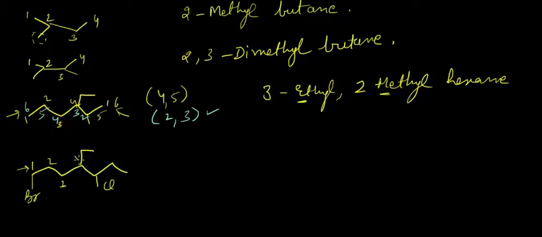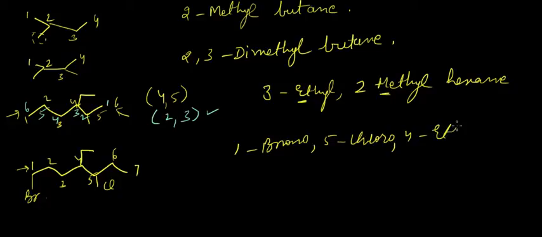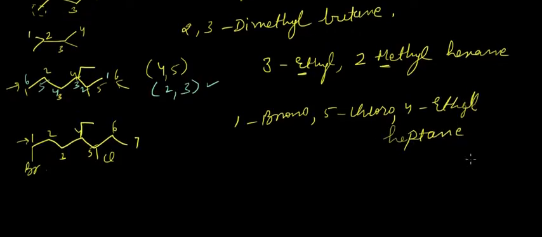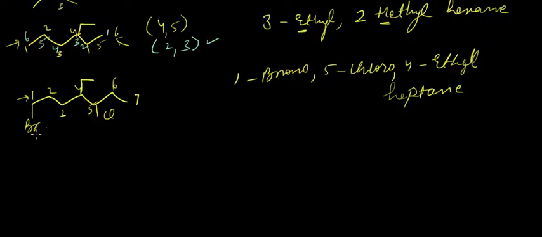So 1, 2, 3, 4, 5, 6, 7. In this case the naming would be 1 bromo, 5 chloro, 4 ethyl, and heptane.